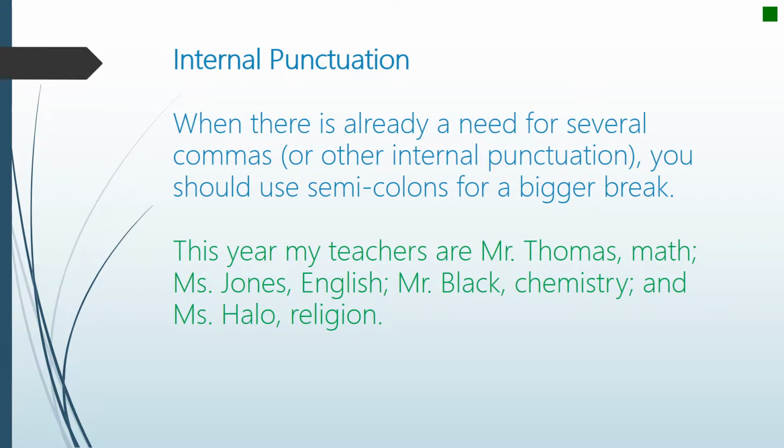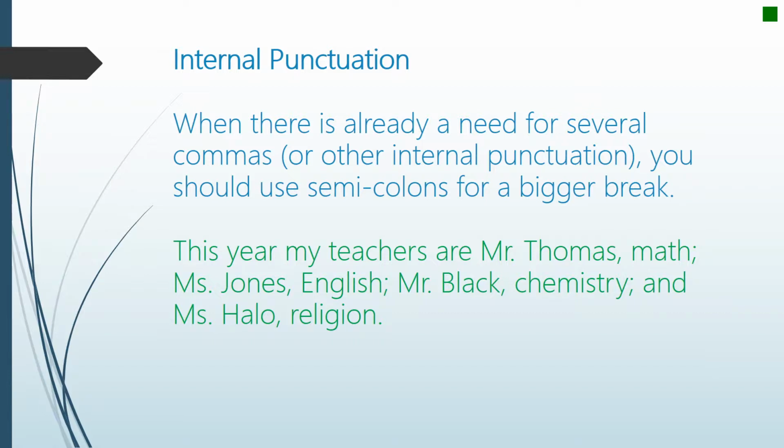Now, when there is already internal punctuation, in other words, there may already be commas or other internal punctuation, you should use semicolons for a bigger break because you don't want too many commas. You need a bigger break between the items.